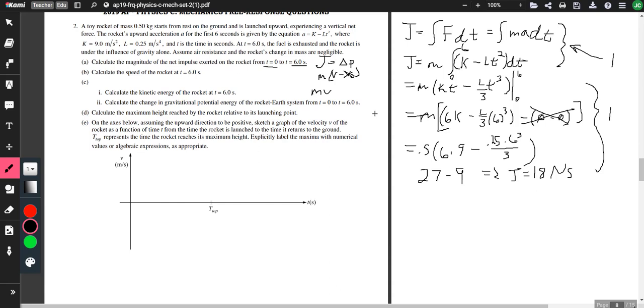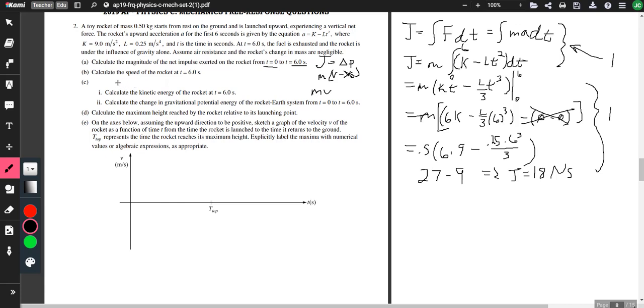All right, so for part B, there are two different ways of doing this. If you recall, I had just mentioned that if you had done an integration of the acceleration to find the velocity, you could have used that velocity here to find the impulse so that you didn't have to do an integration again.